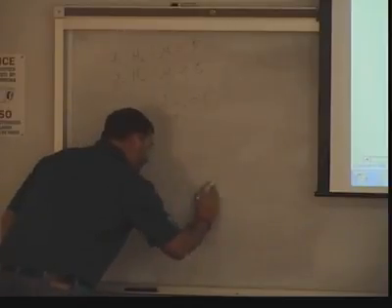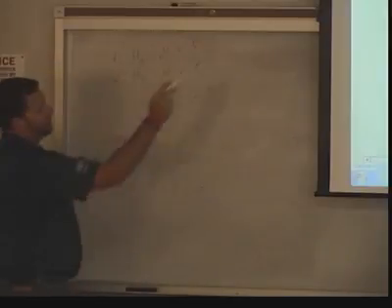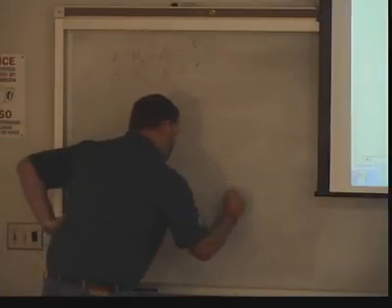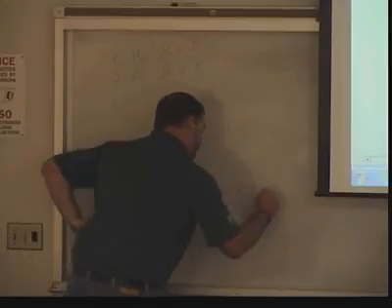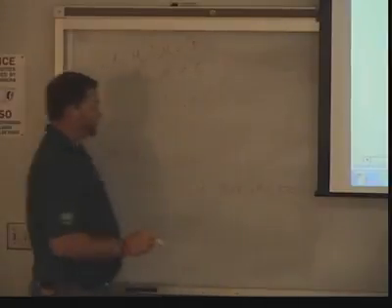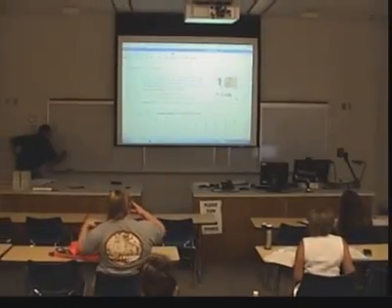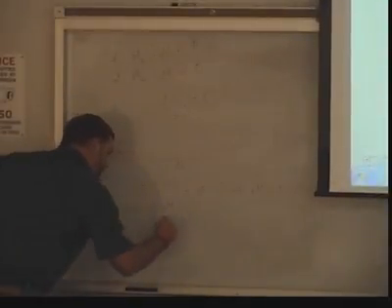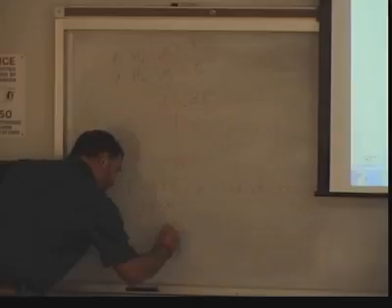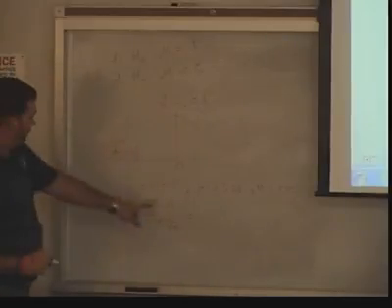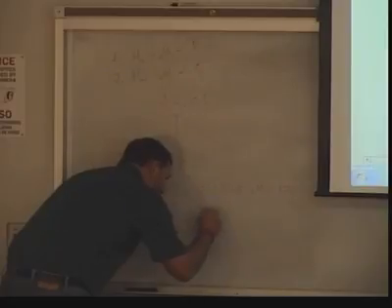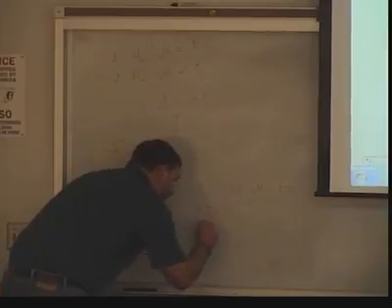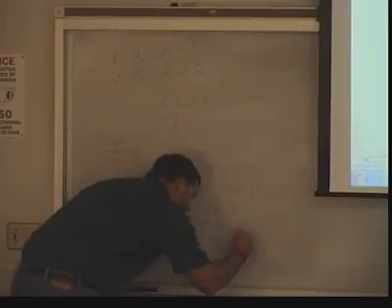My sigma was given to me, and it is 3.68. And what's N? 100. So let's find our Z statistic. Z equals X bar minus mu over sigma divided by the square root of N. So that's equal to 4.53 minus 5 divided by 3.68 divided by the square root of 100.